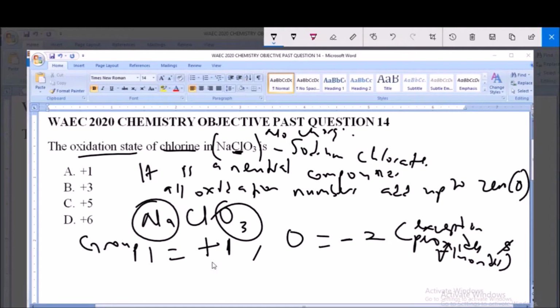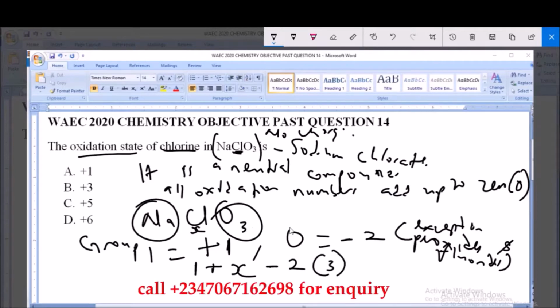So these are rules. Now that we know the oxidation numbers for sodium and for oxygen, we are searching for that of chlorine, so let's call that X. So we substitute our values. Sodium is plus 1, so 1 plus chlorine, which is unknown to us, X, plus minus 2 multiplied by 3 because you have 3 atoms of oxygen, equal to 0.